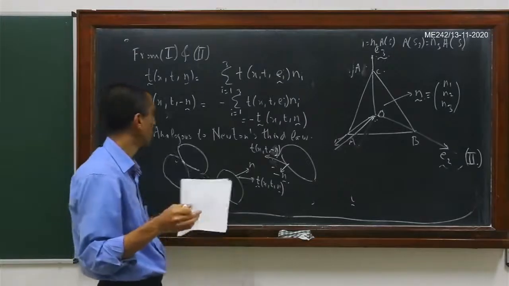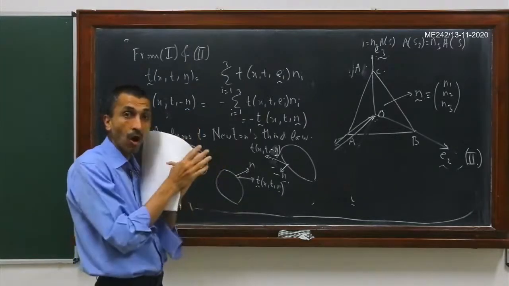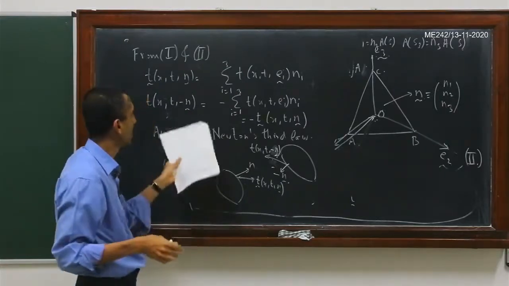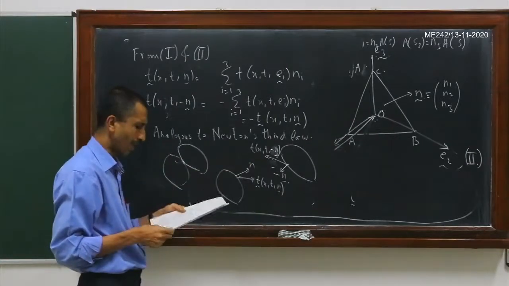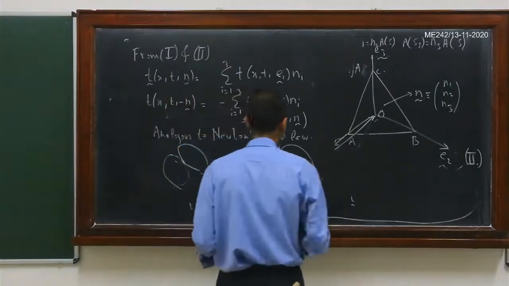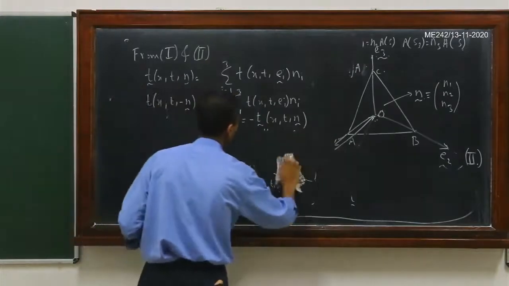So this law of action and reaction is happening at every point of the contacting surface. At every point you have t(x, t, minus n) is minus t(x, t, n). This is analogous to Newton's third law.